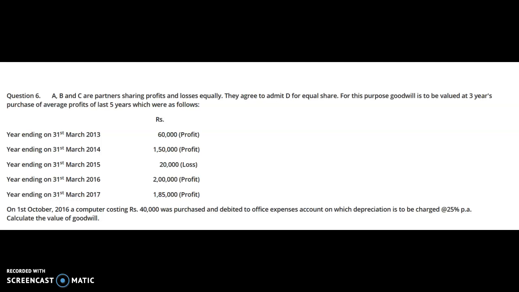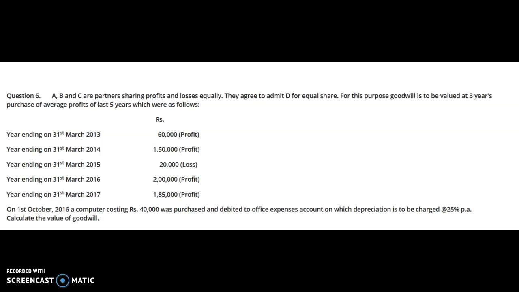You will notice that in the year 2015 there is a loss of 20,000. So this loss will be subtracted, and then the total profit for the 5 years is divided by 5. Then you will get the average profit, which you have to multiply by 3. But keep in mind, while taking the average profit, you have to make every year's profit normal.